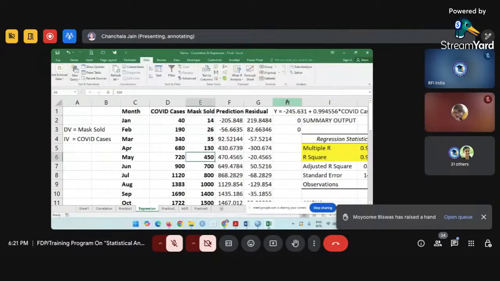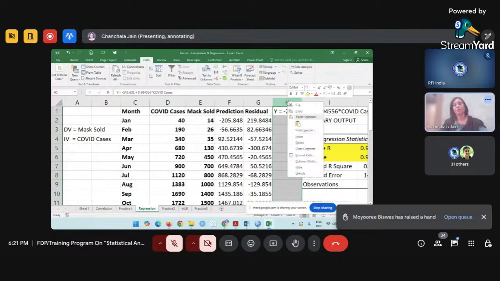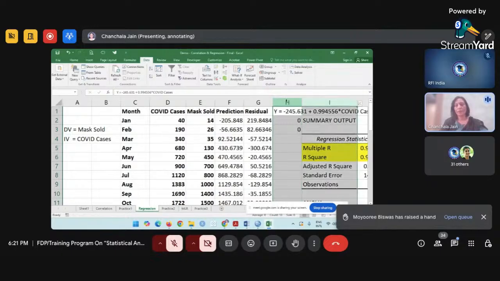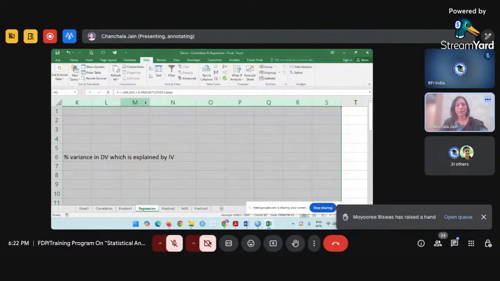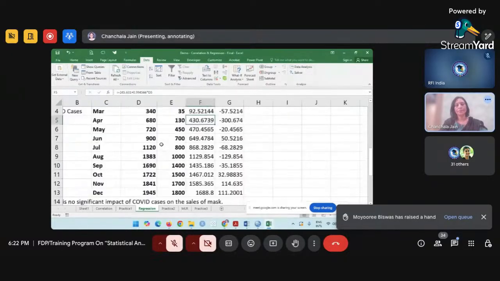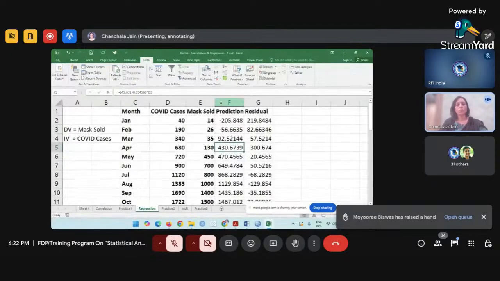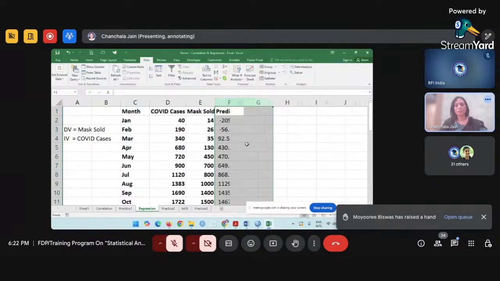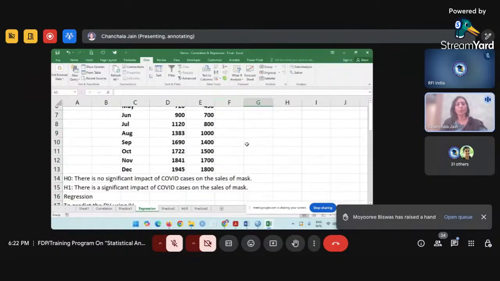Okay, just a minute. I think I have performed this in some other classes, so I need to delete this. So this is the data set given to you, right?